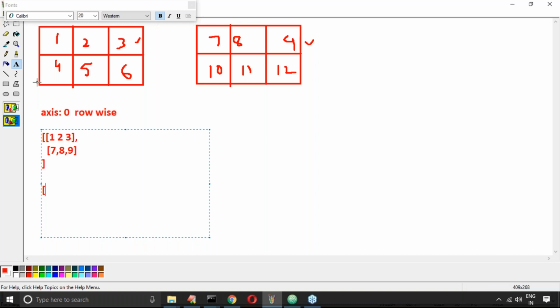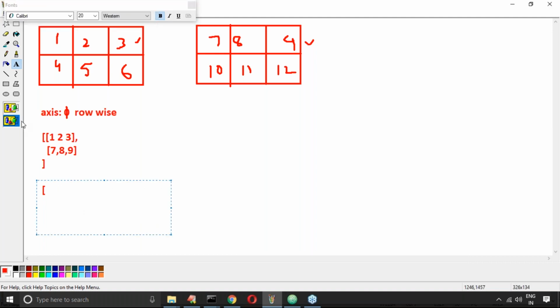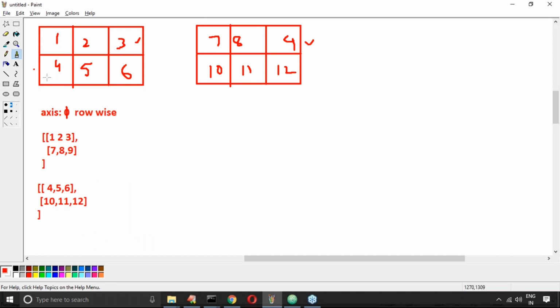Sorry, axis is equal to 1, sir, not 0. I'm talking row wise. Now observe carefully. The second one is 4, 5, 6, and the next one is 10, 11, 12. Are you feeling comfortable?